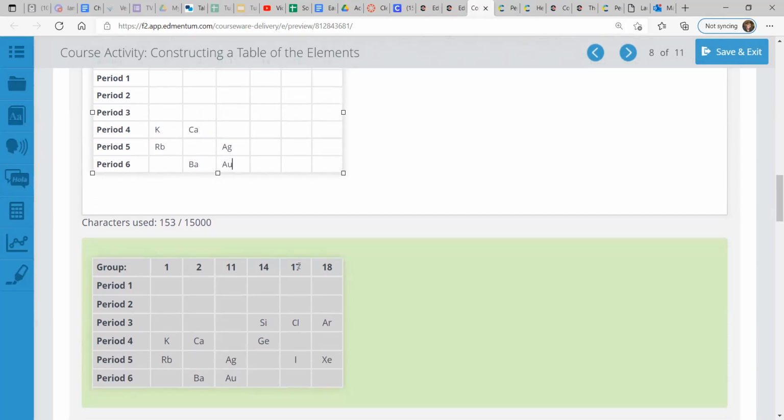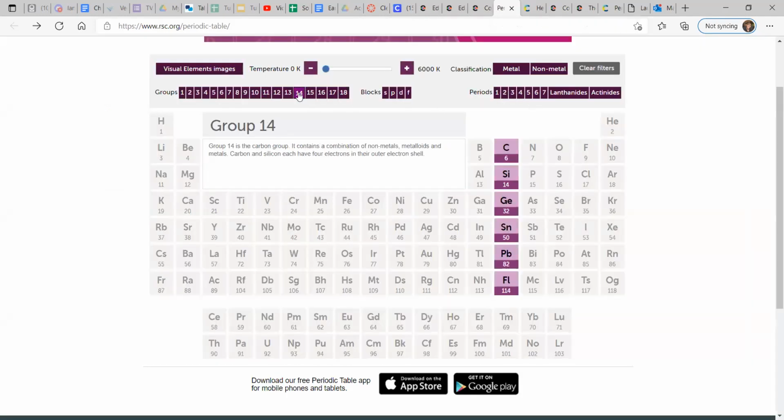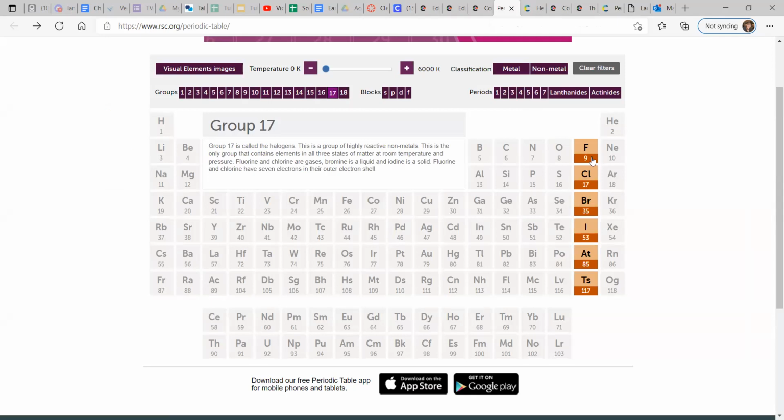You look at group 14, you look at group 17 and 18. You had silicon and germanium. 14. Got silicon, germanium. Then we had our halogens. Halogen means a salt maker. Fun fact. Chlorine.